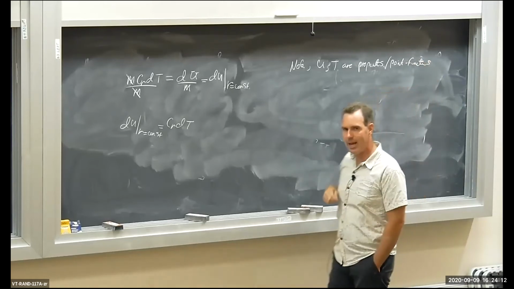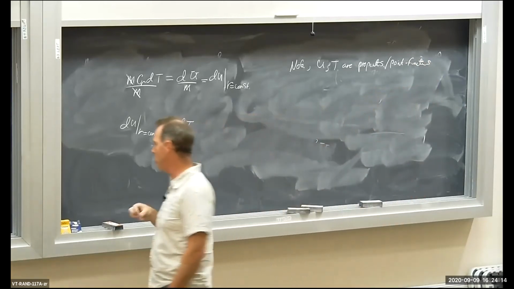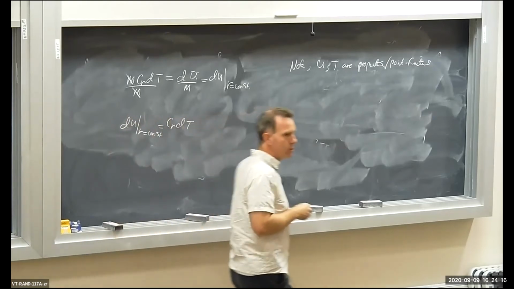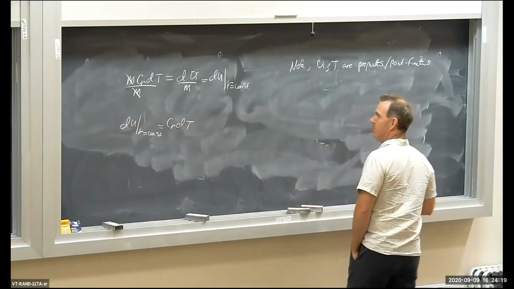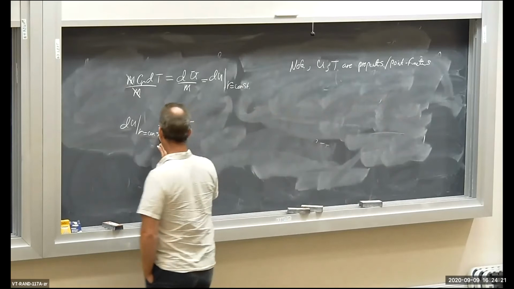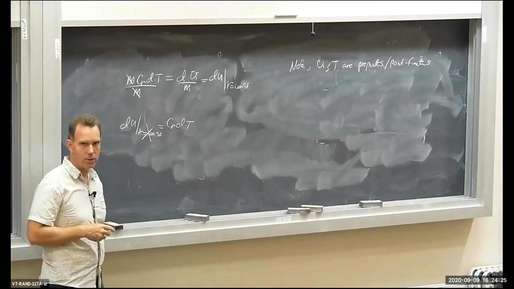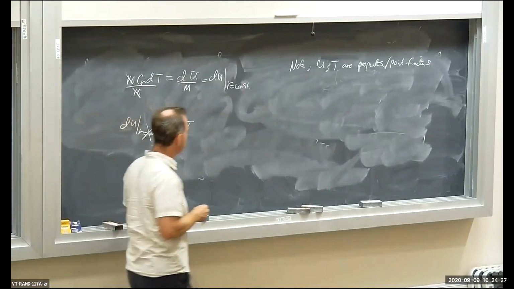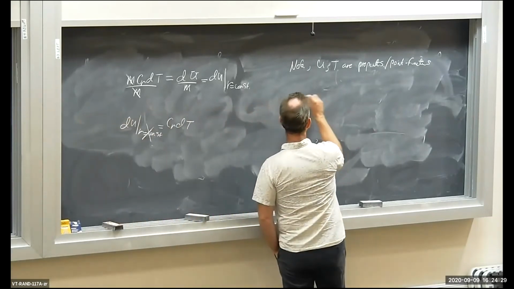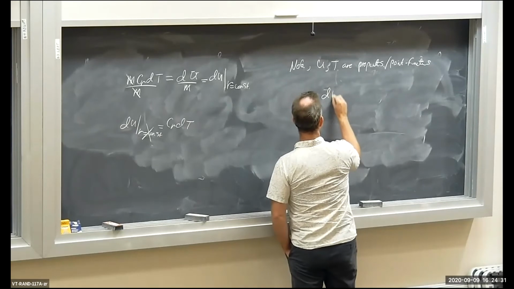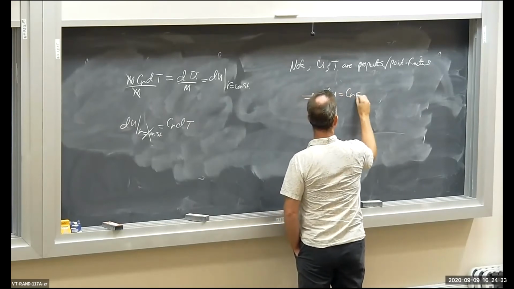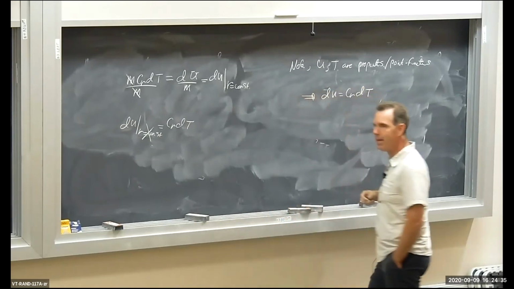So their changes, dT and dU, are invariant with respect to path. I can get rid of this. V is constant. I don't need it anymore. So this implies dU is equal to CV dT for any process.